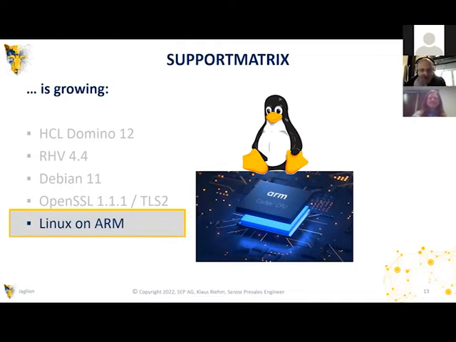And this one I personally think is very important because we provide our installable packages on the ARM hardware architecture. You know that we already support a lot of hardware architectures, not only Intel, but also IBM Power and so on. And now we also support the ARM technology.